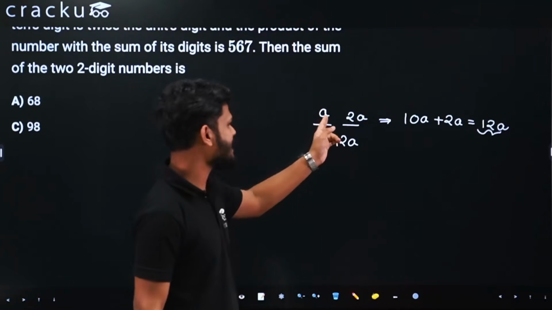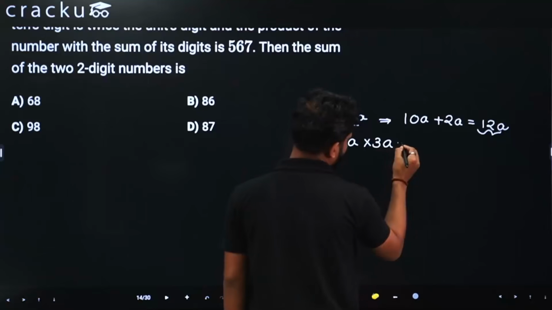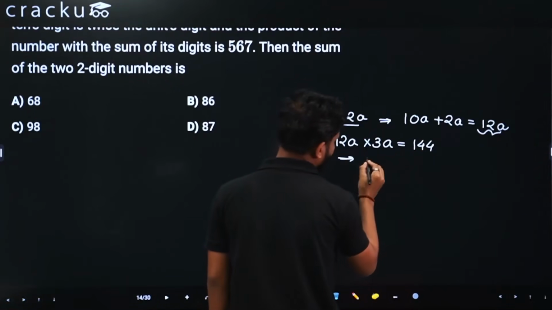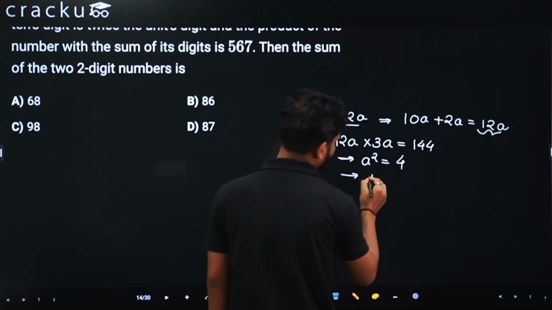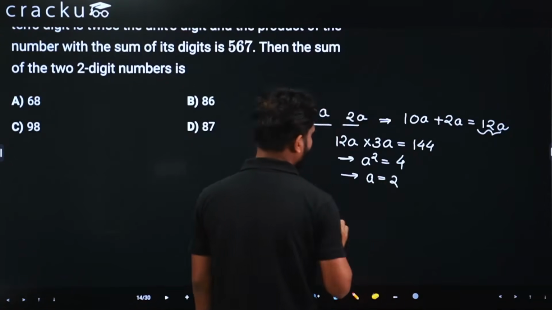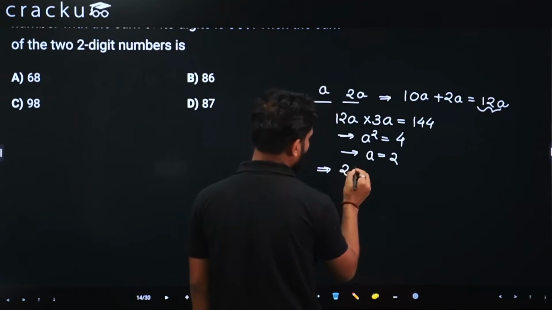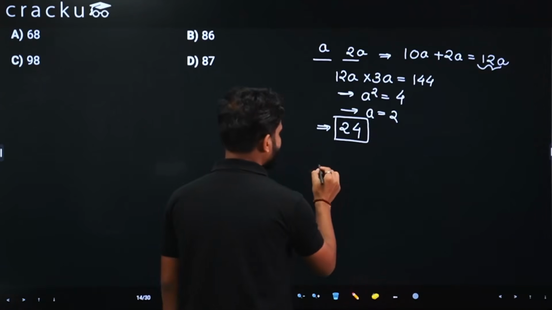The sum of the digits is a plus 2a, which is 3a. The answer becomes 144. From here you get a square is equal to 4, or a is equal to 2. Or you can say the number is 2 and 2a is 4. So this is 24.